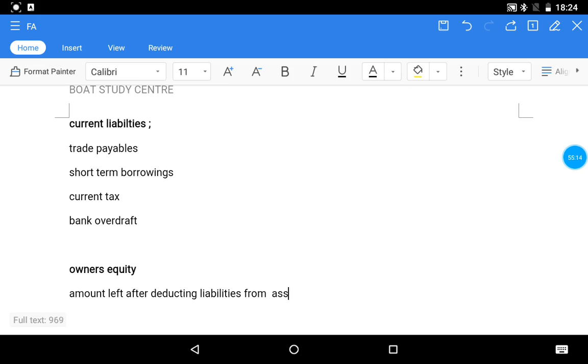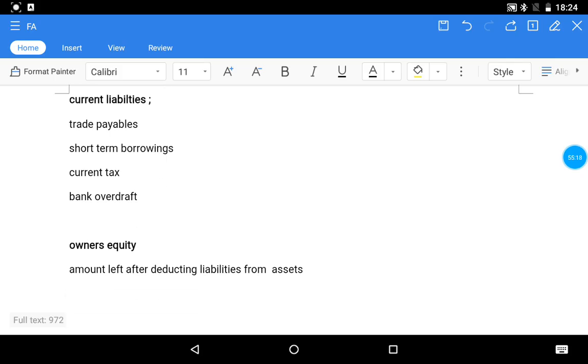Remember, we are under owner's equity. For example, at the start of a business, someone brings in a motor vehicle worth like 20 million. That motor vehicle will be considered as capital, as a startup capital.